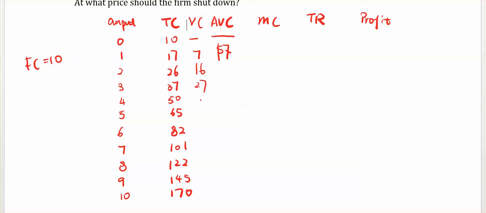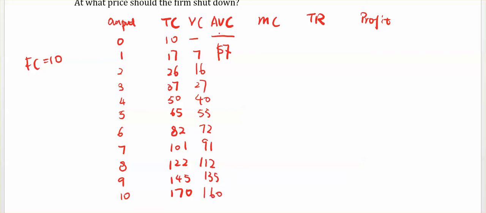The variable cost equal to 26 minus 10, 16. And 37 minus 10, 27. 50 minus 10 equals 40. 65 minus 10, 55. 82 minus 10, 72. 101 minus 10, 91. 122 minus 10, 112. 145 minus 10, 135. 170 minus 10, you got 160.